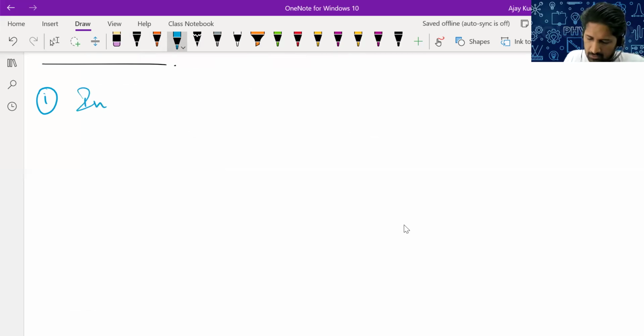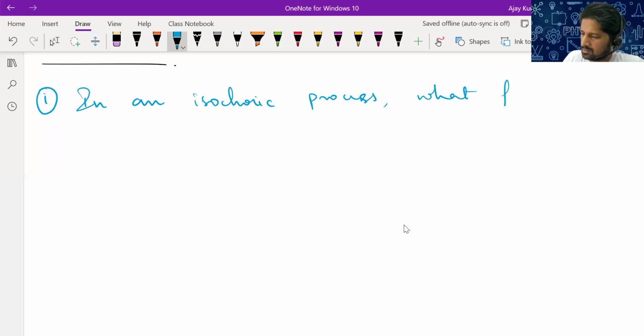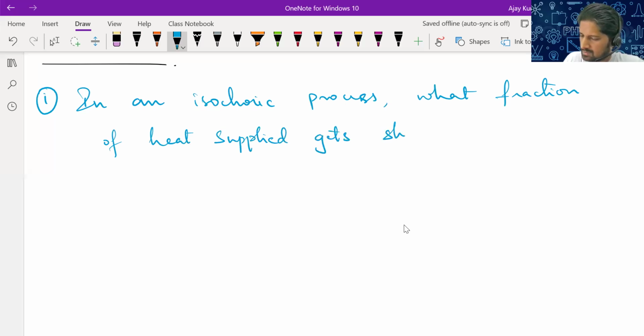In an isochoric process, what fraction of heat supplied gets stored as internal energy?